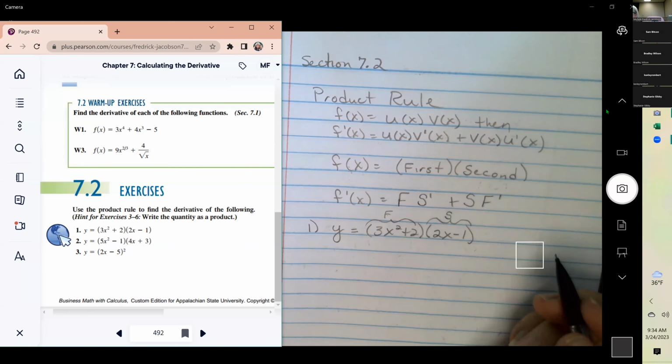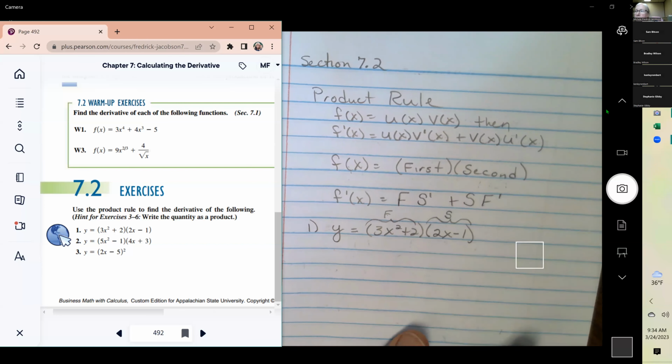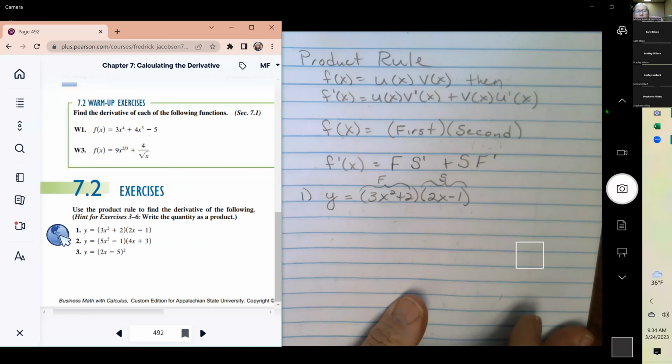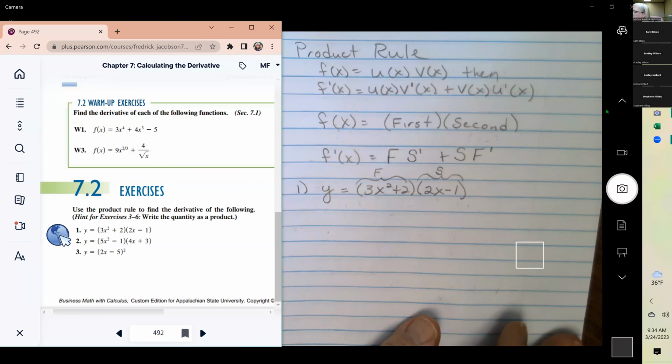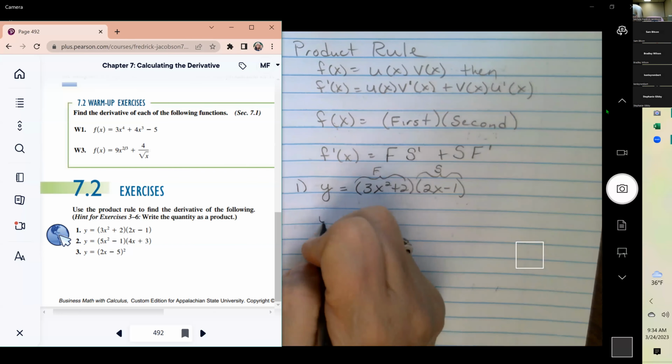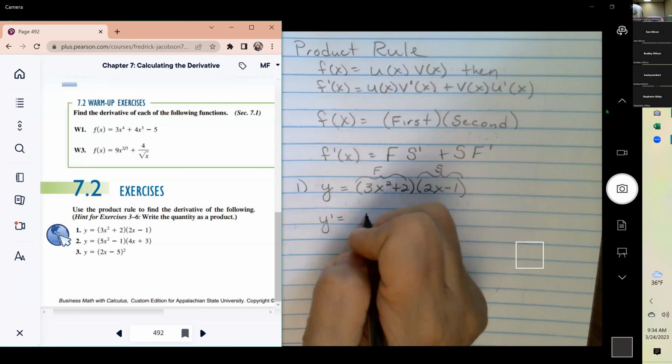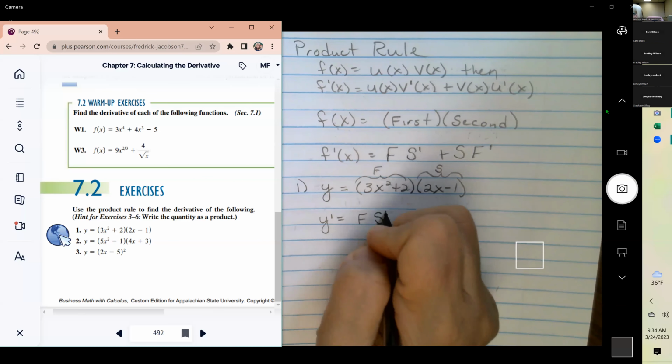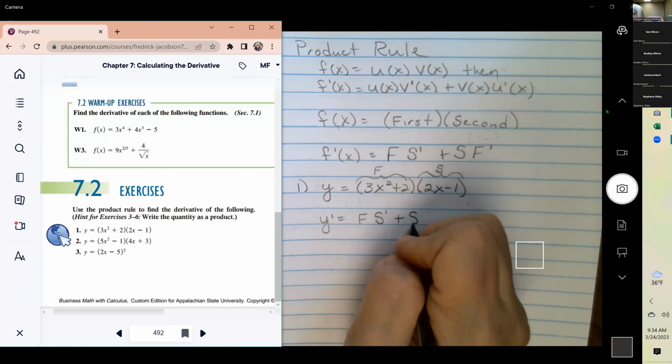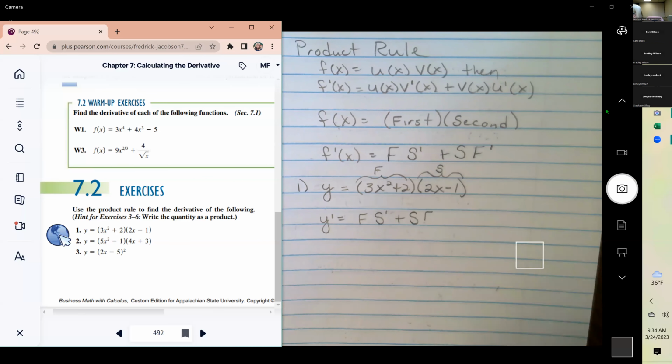Yes, you could FOIL it and then take the derivative, but there are times where you wouldn't be able to do that, or it would make it more complicated. So if we take the derivative, first times the derivative of the second plus the second times the derivative of the first.